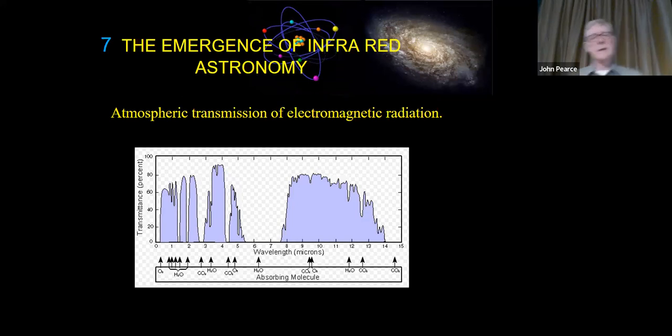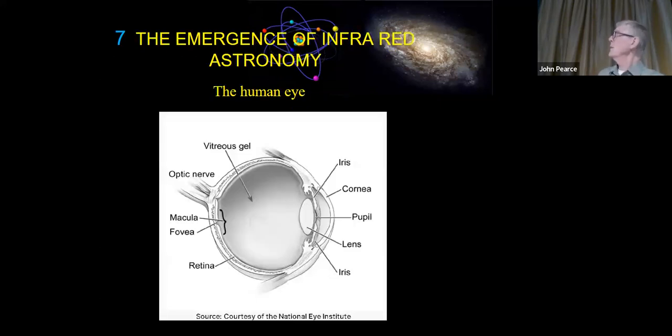And we also need to see what the detectors that we use to view that radiation, what effect that has on it. So if we look first of all at the human eye, and bear in mind that all the earlier observations were carried out using the eye, we've got effectively a little camera here with the lens at the front of it, and a retina at the back, which is composed of an outer part which has fairly sensitive photodetectors, and the macula, which gives us our detail and color.